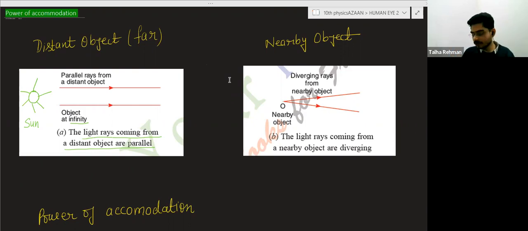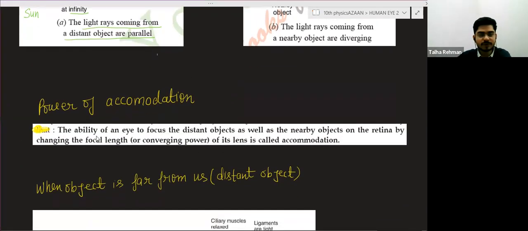And when you are watching a nearby object, you are getting diverging rays from the nearby object, and those diverging rays are entering your eyes, and accordingly the size of the eye lens will change. So basically, the power of accommodation is the ability of the eye to focus the distant objects as well as the nearby objects on the retina by changing the focal length.